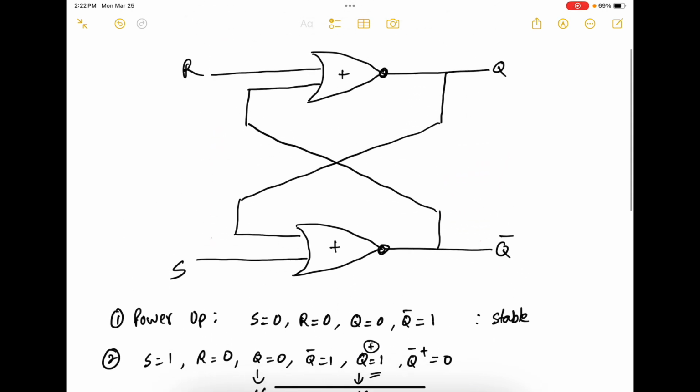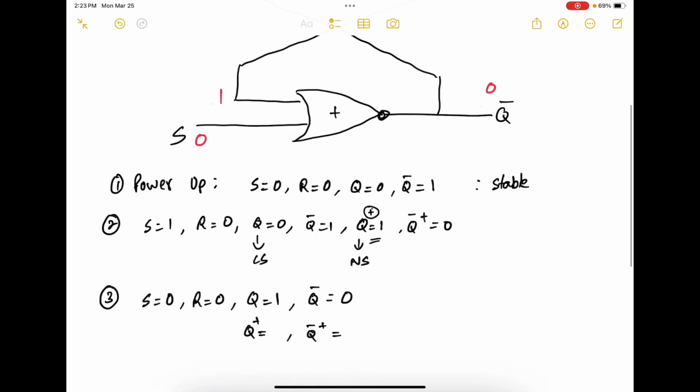So we were given that S equals to 0, R equals to 0, Q is a 1, and Q prime is 0. Now 0 goes all the way here. This becomes 0. 0 NOR 0 is a 1. This 1 goes here. 1 NOR 0 is a 0. And this 0 goes back up and you still get Q equals to 1 and Q prime equals to 0. Essentially, the values of Q plus and Q prime plus are not going to change.